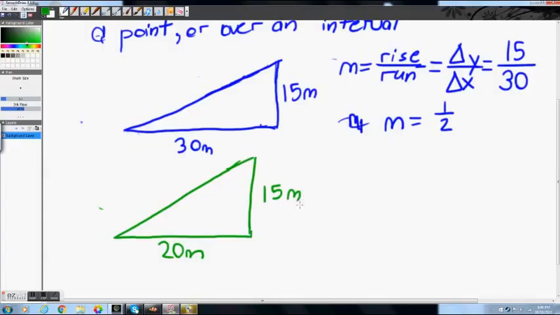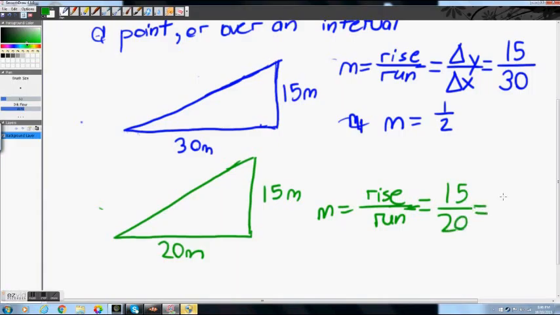Well, on this hill or mountain, our slope, rise over run, is change in y over change in x, which is 15 over 20, which simplifies to 3/4.